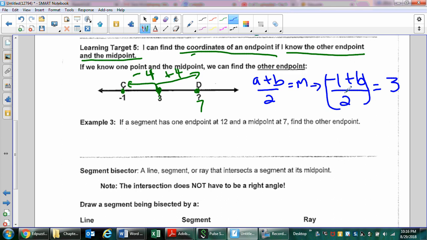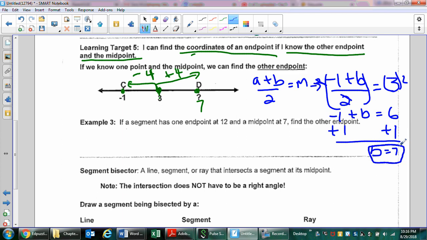Get rid of the 2: I multiply both sides by 2, so I have -1 plus B, because the 2 cancels out, equals 6. Then what do I do? Plus 1 to both sides. B will be 7. So as an individual learner, you can find different methods to get to the right answer. Pick the method you like and try to solve it.